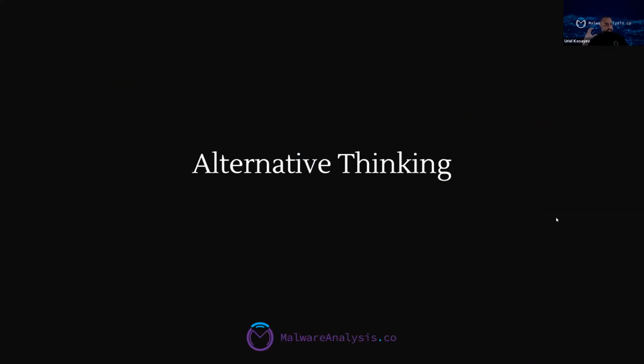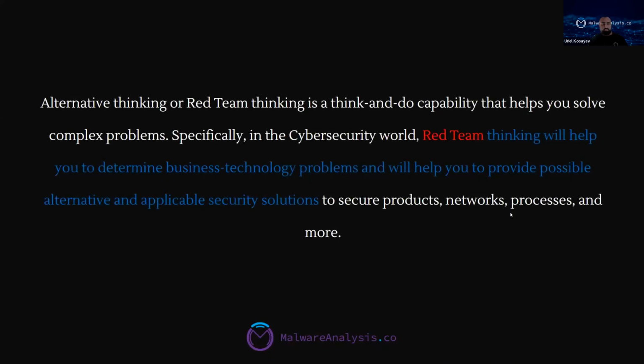So let's understand the base, the essence of red team. It's called alternative thinking. So what's alternative thinking? Alternative thinking, or actually red teaming, is the way of thinking which will help you solve complex problems in the cybersecurity world. Red team thinking will help you determine business and technology problems and provide possible alternatives and applicable security solutions.